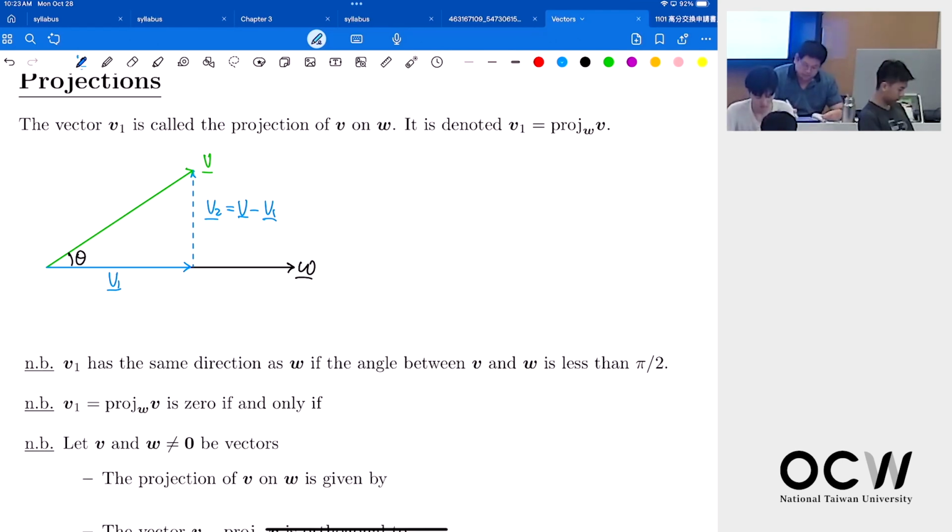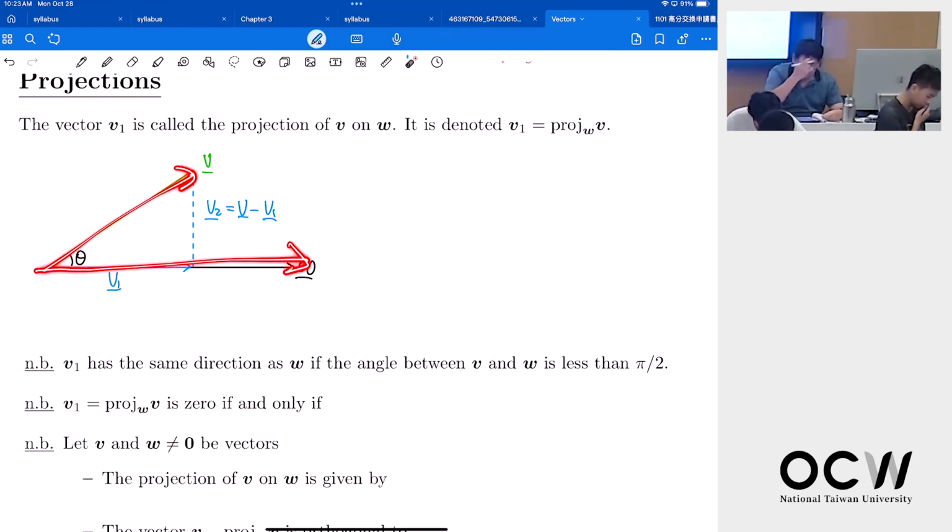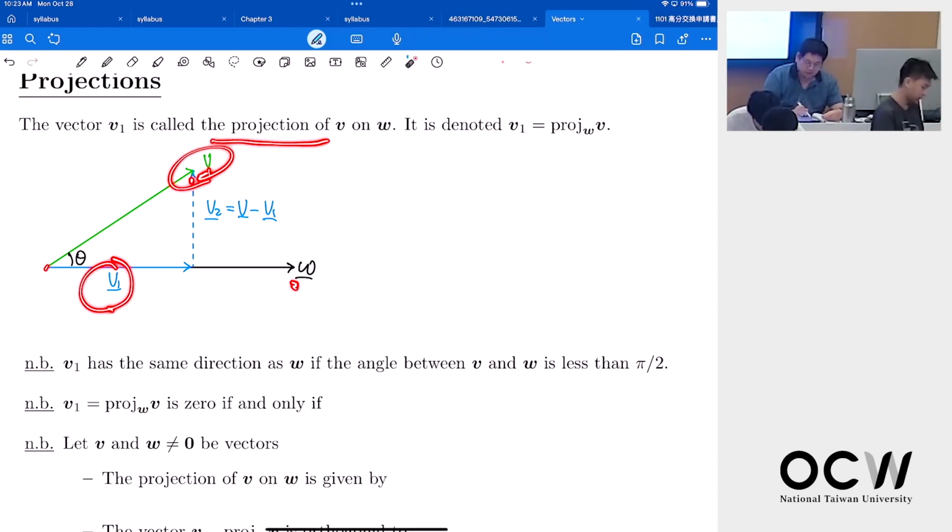Okay. Now, this is the vector v, and I also have a vector w. The vector v1 is the projection of vector v on w, which is v1 here. So this vector projects to the direction of the vector w. Then what is the value for v1?